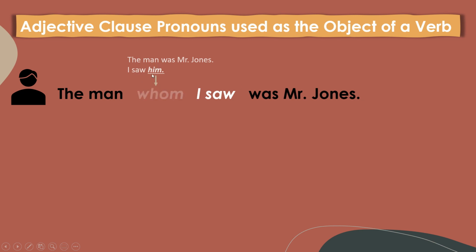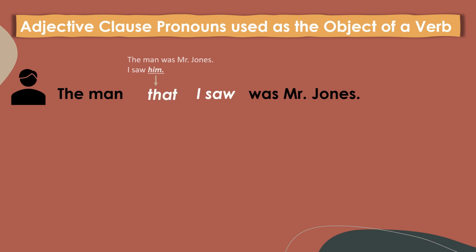And then in a sentence, the pronouns for the objects can be replaced with whom. Both who and whom can be used, but whom is used for a formal situation. So for an informal or less formal situation, or in spoken language, who is more common.